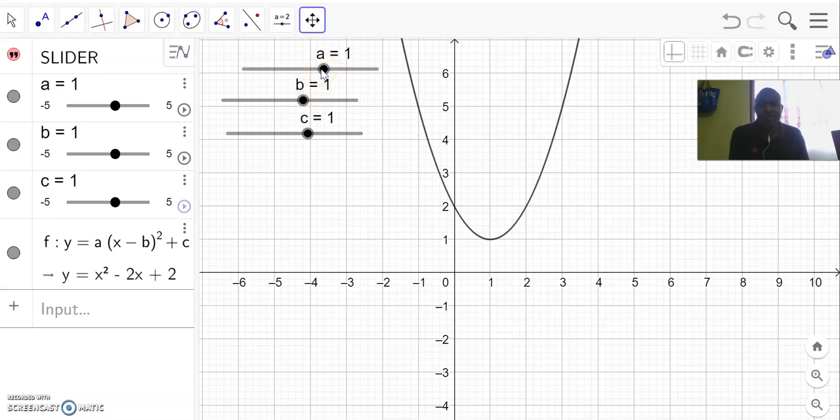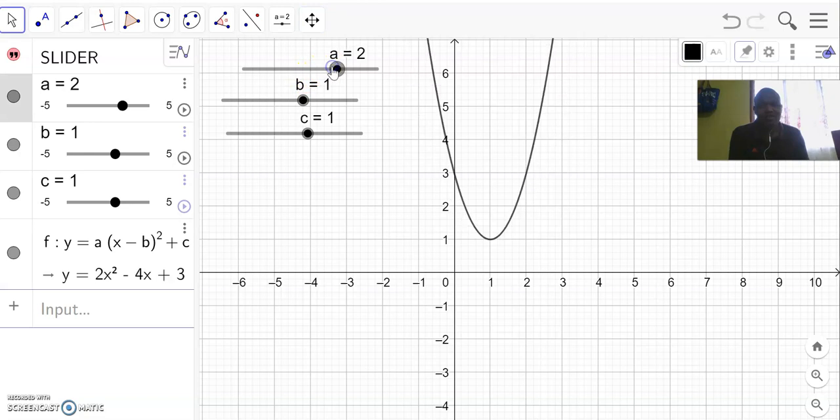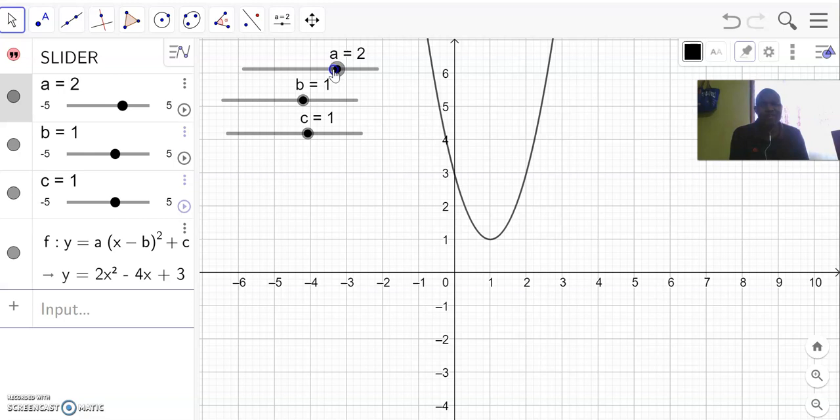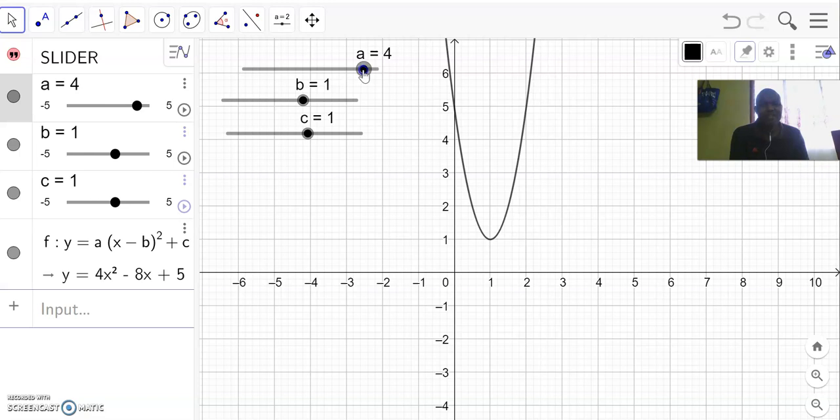What happens when A is changed? Let us change A. So let's take it to 2. What has happened? Look at the curve. The curve was here when it is 1, when it is now 2, when it is 3, when it is 4, when it is 5. What is happening to the curve? Move back.